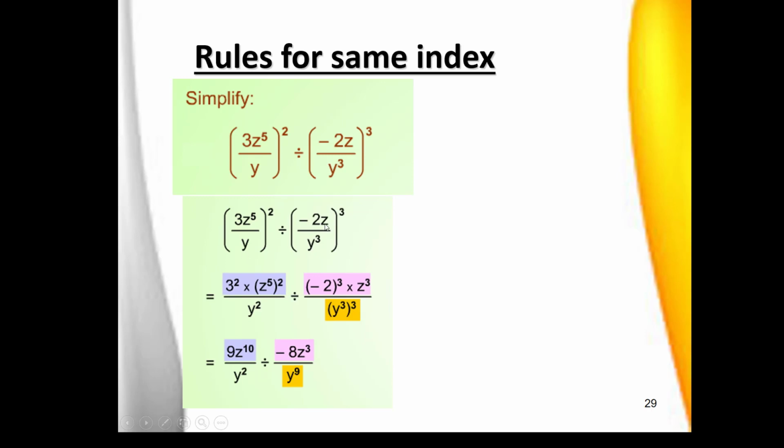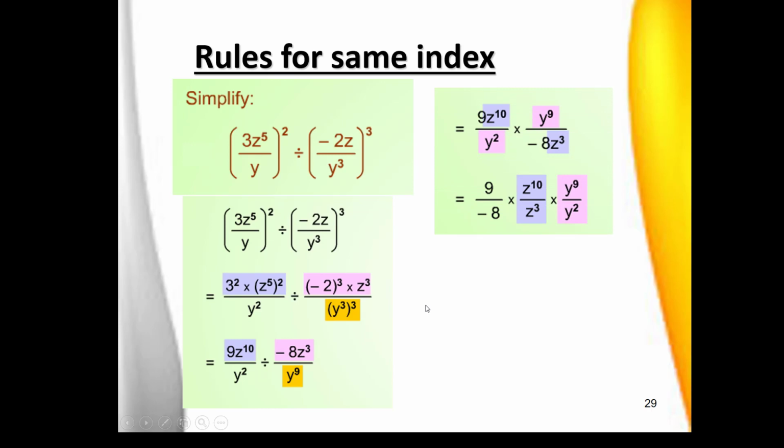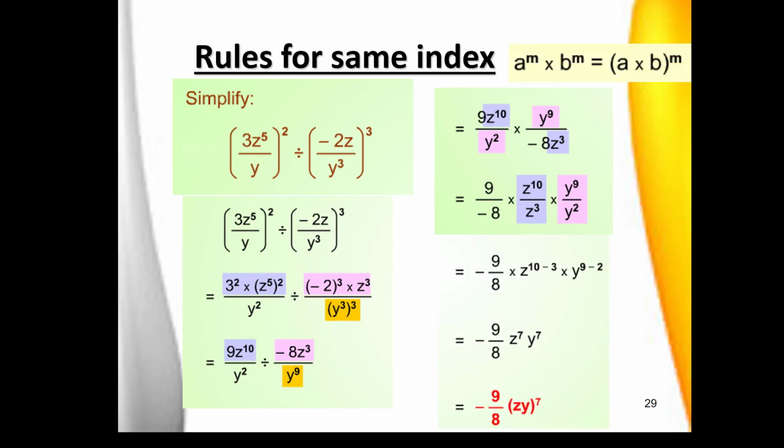So everyone gets power square, power square, power square. This one also all power cube, power cube, power cube. Together you get something like this. So you will get the final answer, this one.